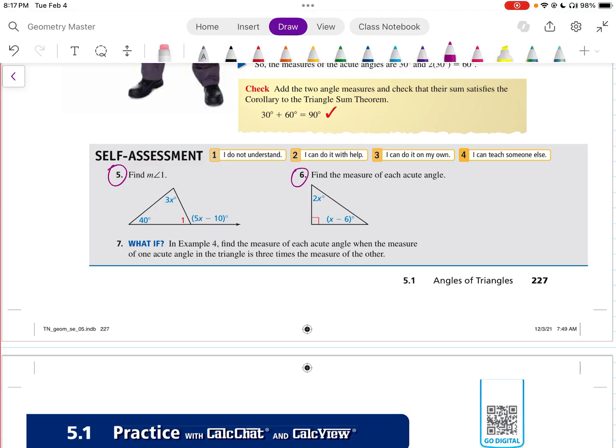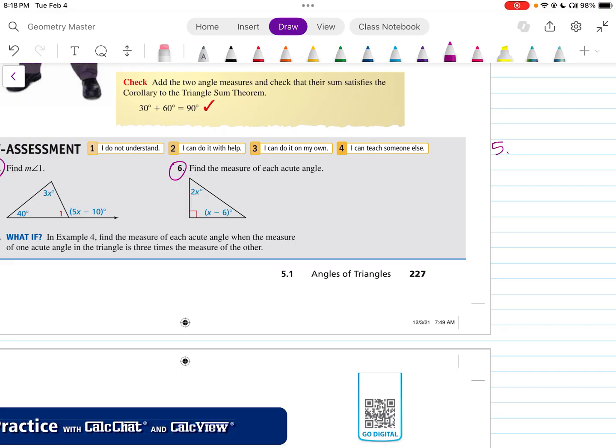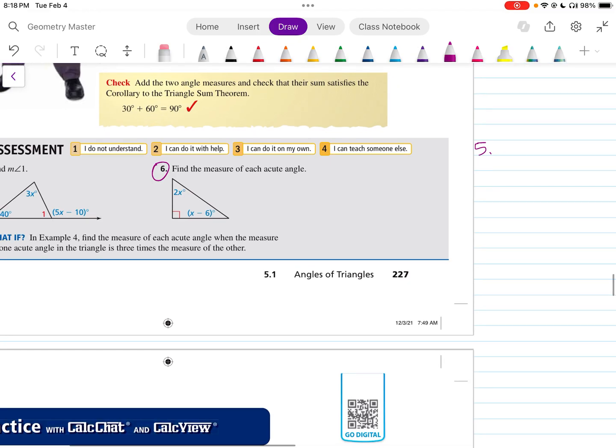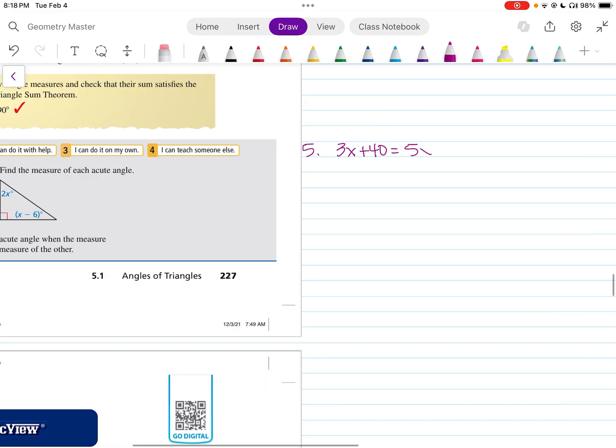Welcome back. So, on number 5, we have a triangle, and we know two of the interior angles, and we know the opposite exterior angle. We have a theorem that tells us that the exterior angle is equal to the sum of the two non-adjacent interior angles. So we're going to say that 3x plus 40 equals 5x minus 10.